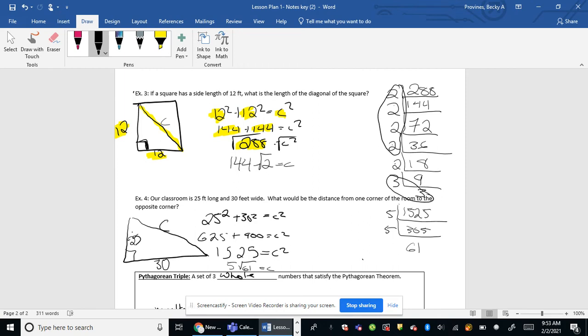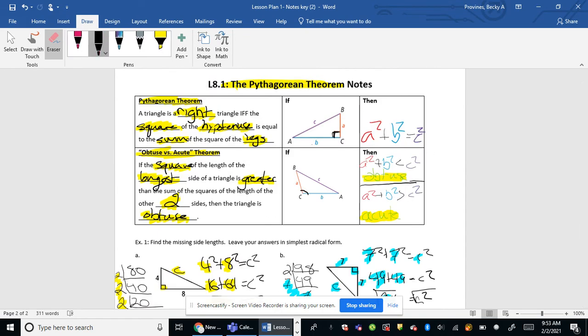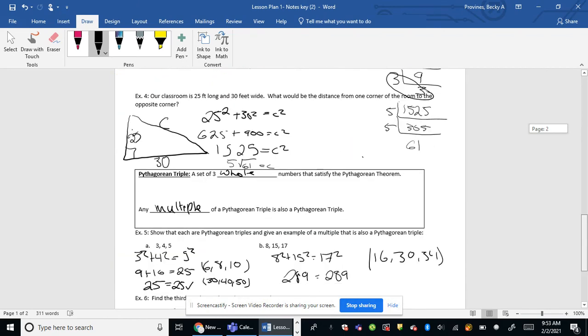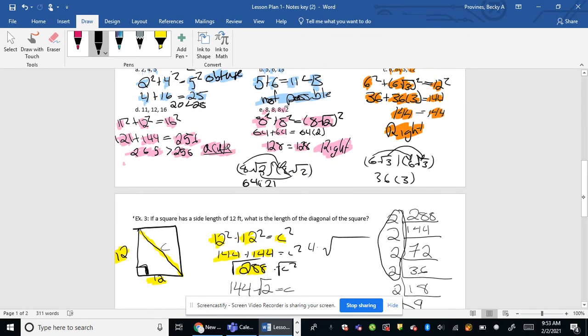So on the outside of our radical, we will have 4 times 3. Yikes, that was a little messy. Let's clean that up just a little bit. So we'll have 4 times 3, and then inside that singular 2 was left behind.